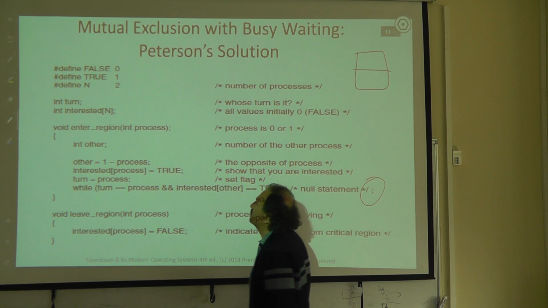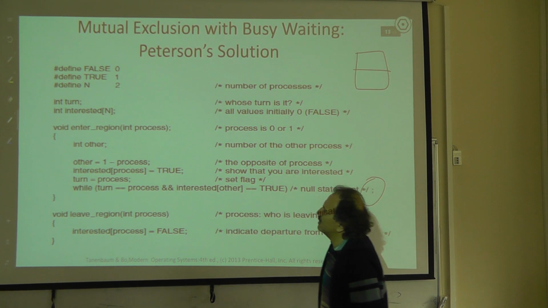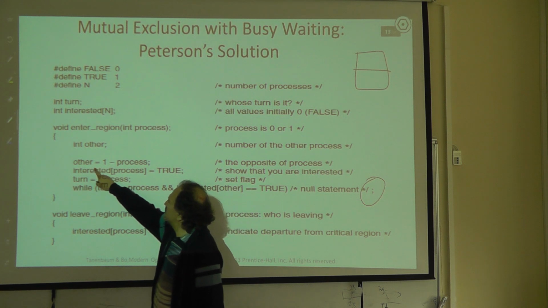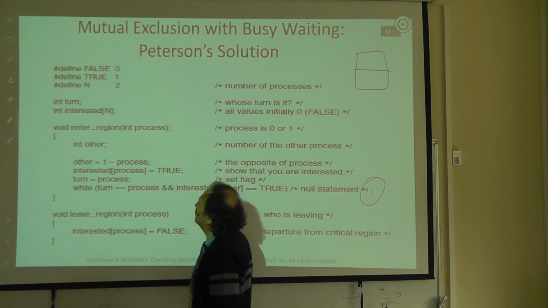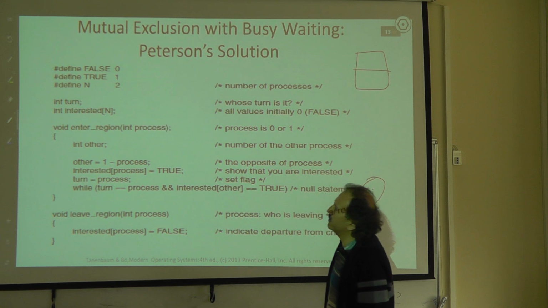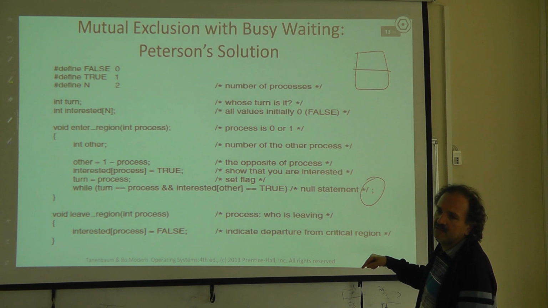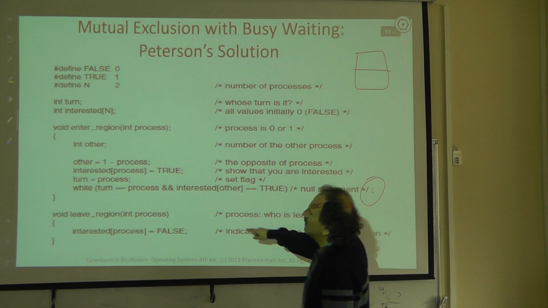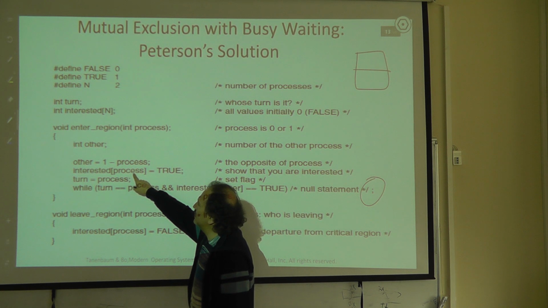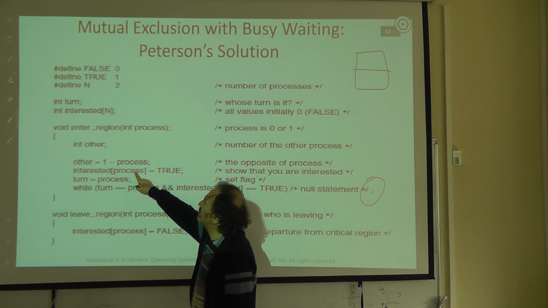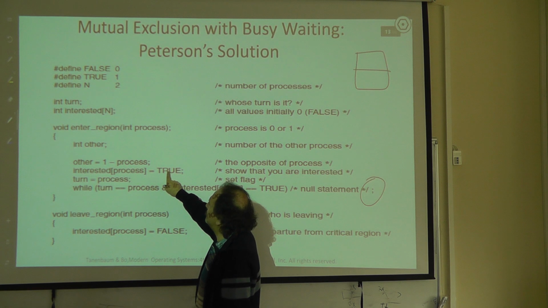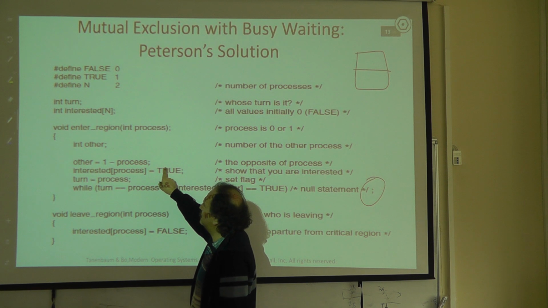I just calculate the other: other is 1 minus process. So if process is 0, other becomes 1. If the process is 1, other becomes 0. And it says that I am interested in getting into the critical region. It makes its interested entry true.